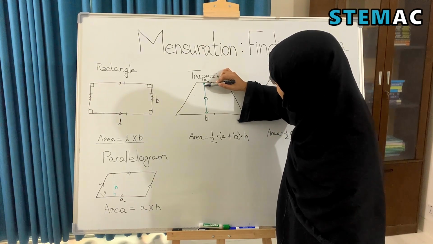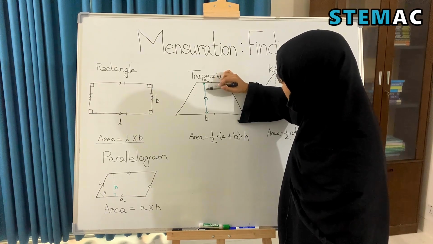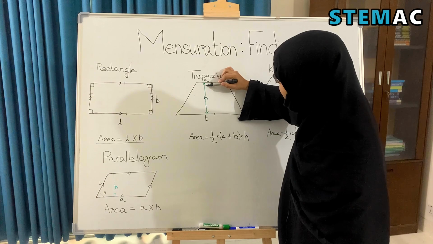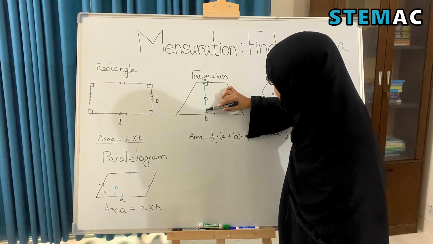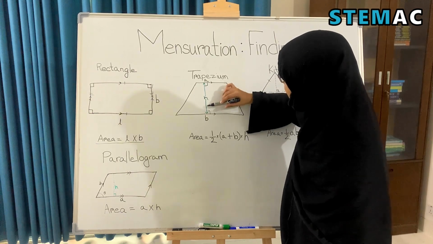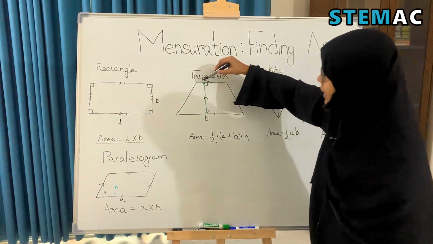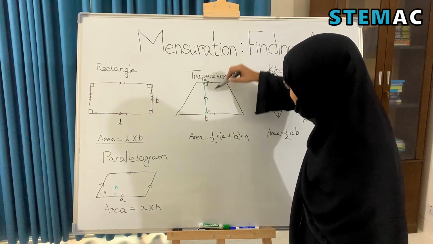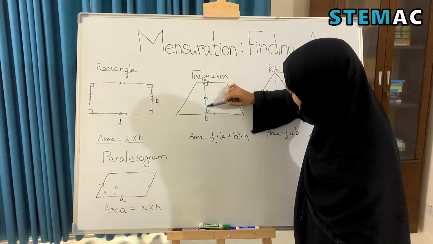When I say the distance between two opposite sides, that means this height is making a 90 degree angle with both A and B. That means H is making 90 degrees with both this side and this side.